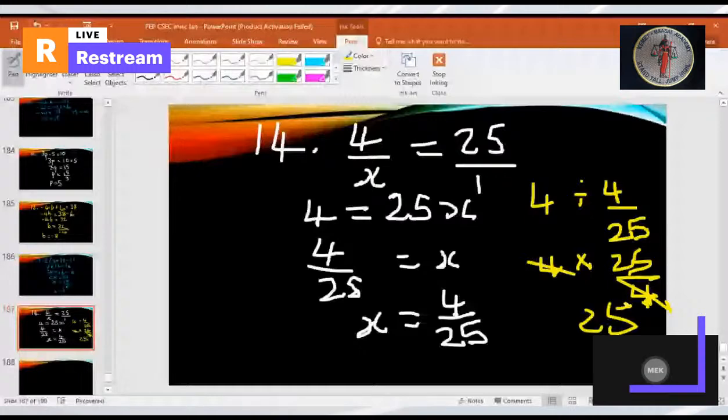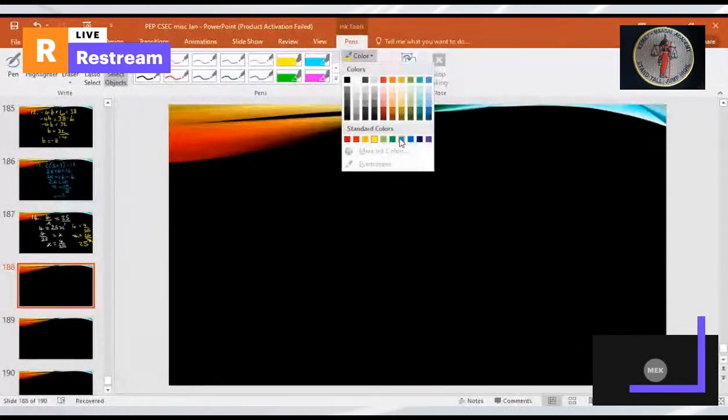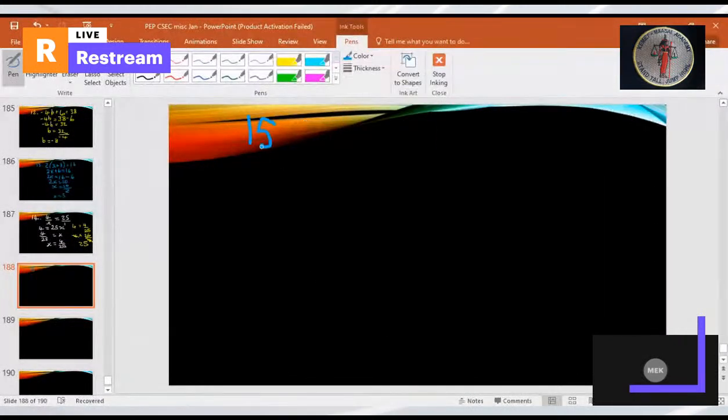And the final one for this session, number 15, x over 5 is equal to 100 over x. 100, sorry.